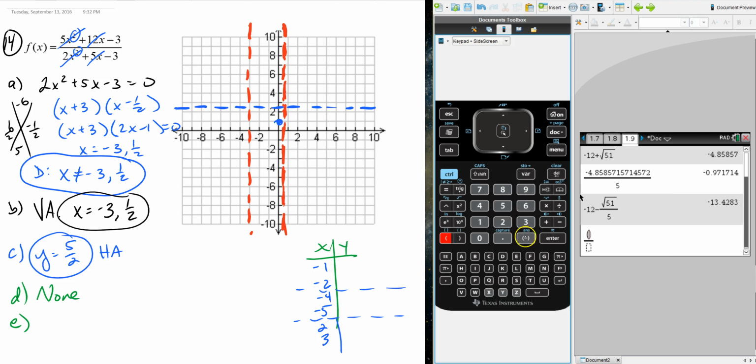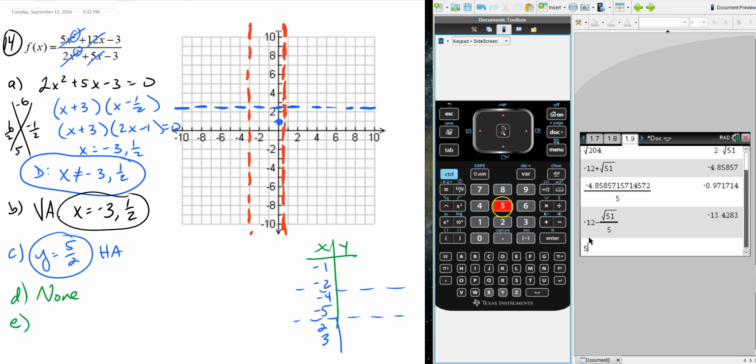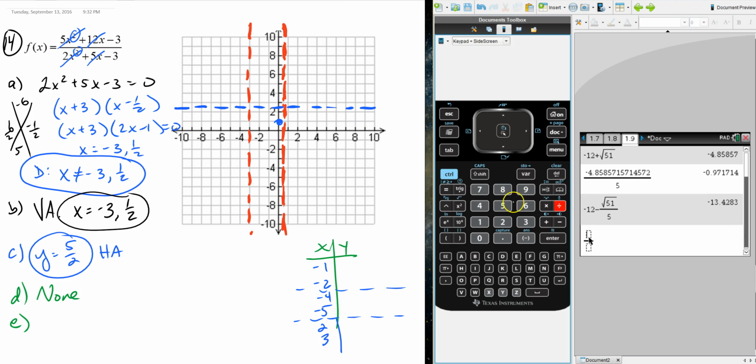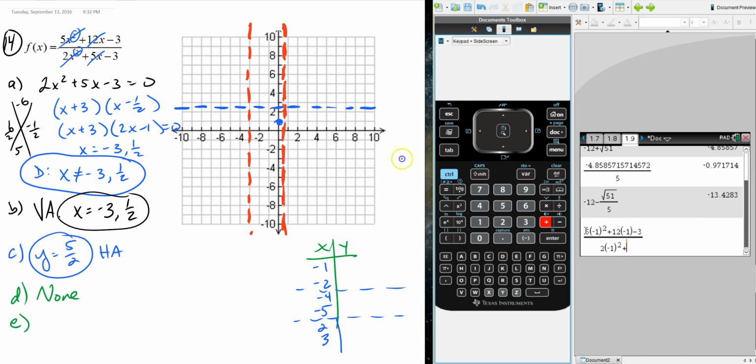So we've got 5 times -1 squared plus 12 times -1 minus 3 over 2 times -1 squared plus 5 times -1 minus 3.